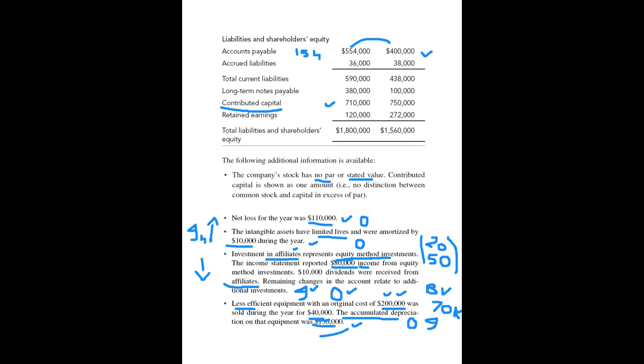Then comes accrued liabilities. Accrued liabilities are those liabilities which are basically expenses that we did not pay in cash, so they are payables for us. If you see here, there is a decrease. It means that in the current year, we have paid from the previous payable of 2000.